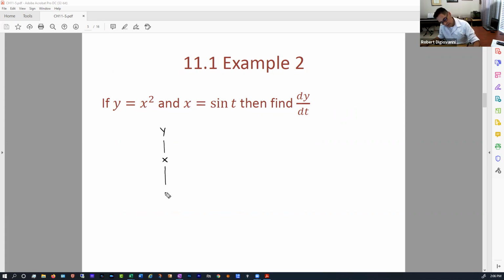So if I want to know how much y is changing with respect to t, I first have to look at the intermediate derivative dy/dx, and then the intermediate derivative dx/dt, and I will multiply those two together to get dy/dt. So it should be dy/dx times dx/dt. Any questions on where I'm coming up with that?